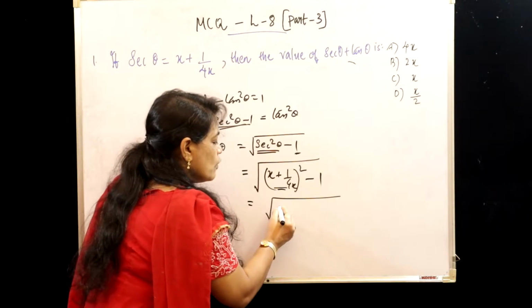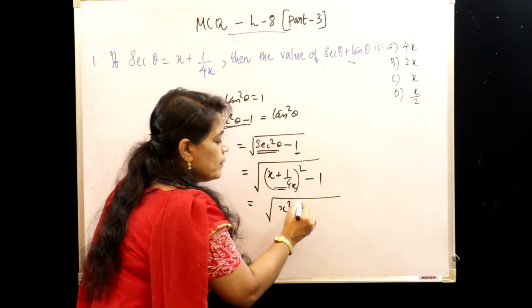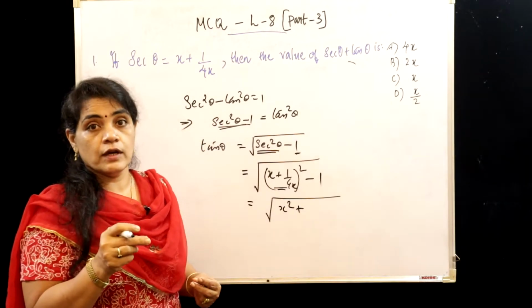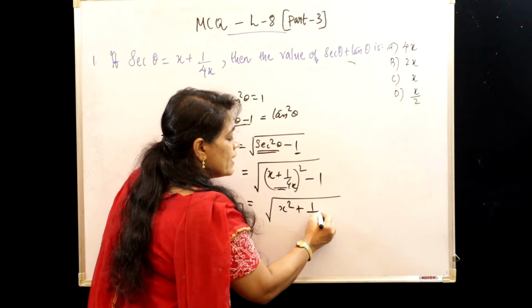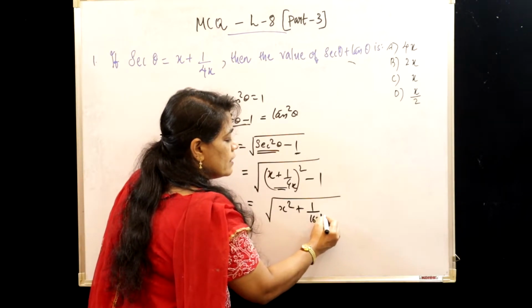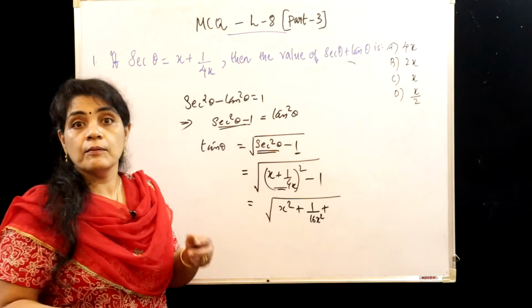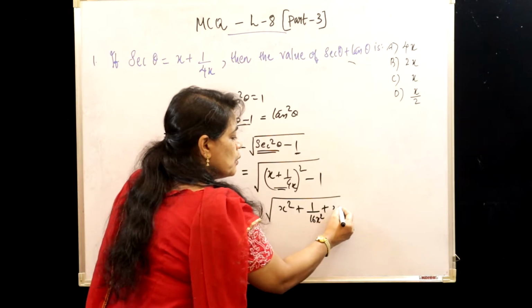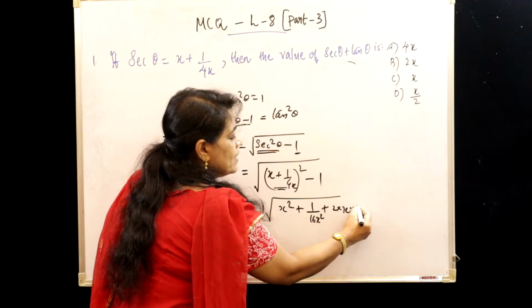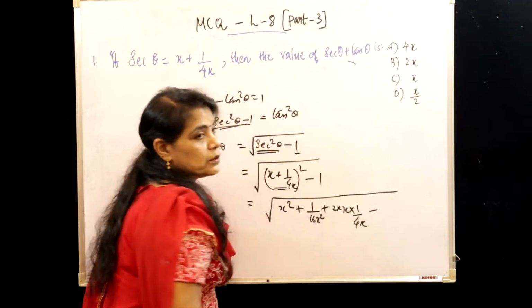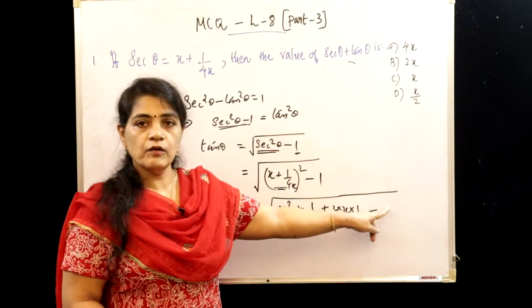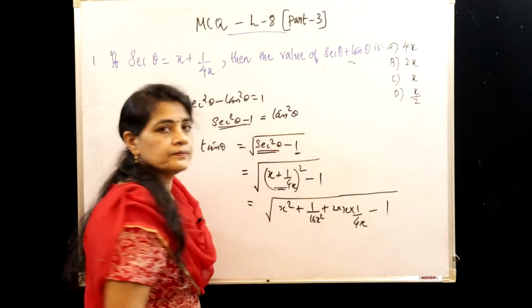So a square, that is x square, plus b square, b is 1 by 4x, so that is 1 by 16x square, plus 2ab, 2 into x into 1 by 4x, inside the square root, minus 1.